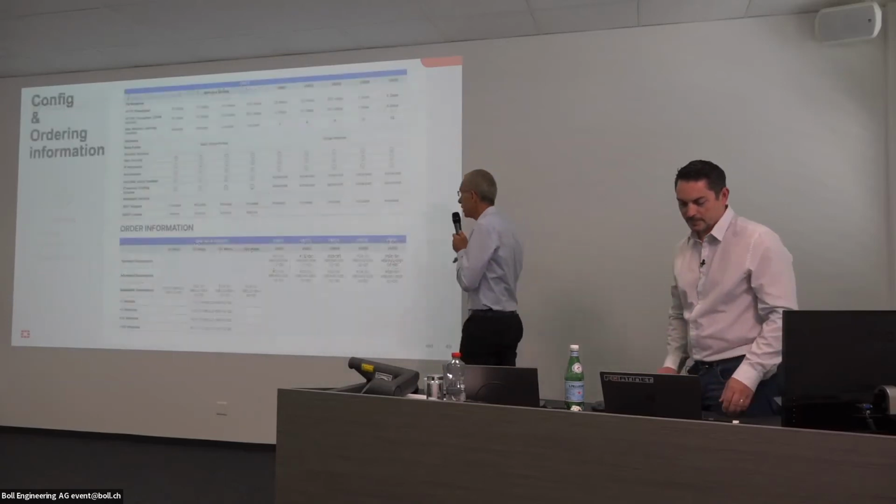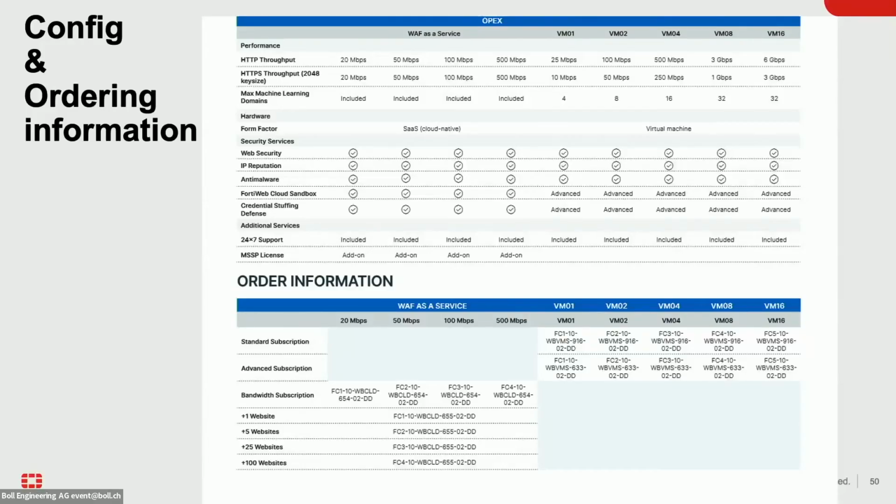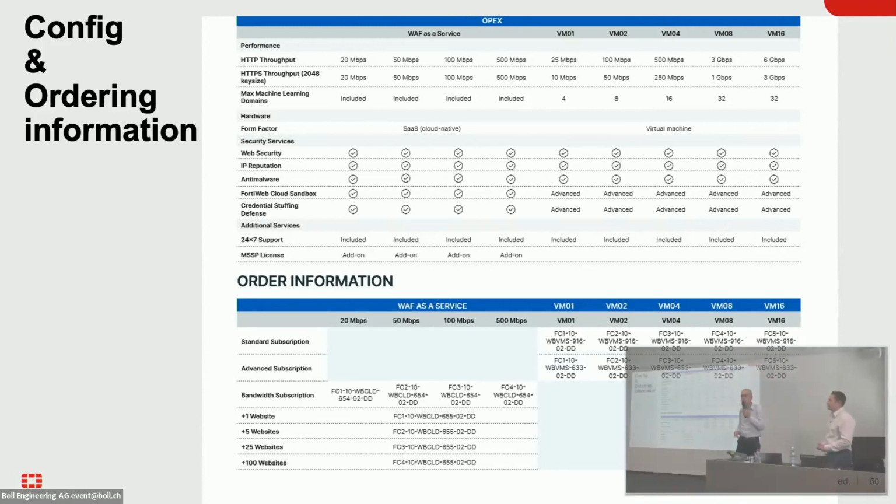And to answer the question about how do I order, what are the features, the config, I put here a sample of the ordering guideline that you find in the Partner Portal. But again, I'm happy to provide you the PDF. This lists all the capabilities, the feature sets, the sizing of the appliance and of the VM.